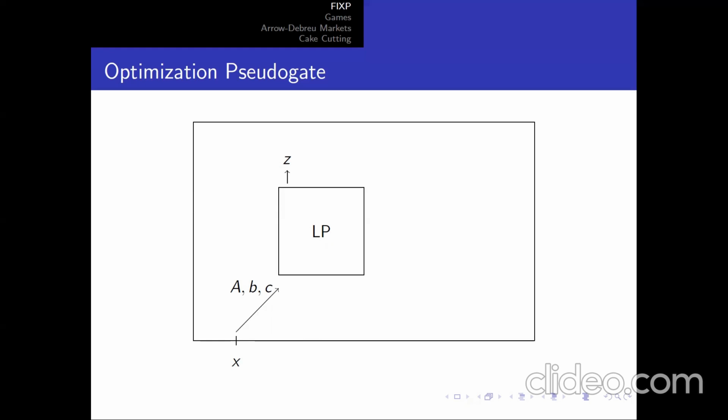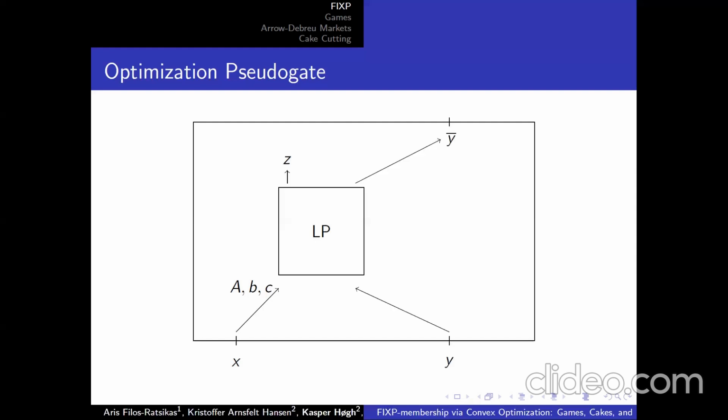However, one can observe that in FixP membership results we need to reason about the fixed points of our circuit. So this gate that should be able to solve an LP actually only has to work when the entire circuit fixes some input. Therefore, instead of just trying to make a gate that, given some parameters based on the inputs, solves some LP, the idea is that we add some extra variables, and this pseudogate, as we call it, also has some extra output.